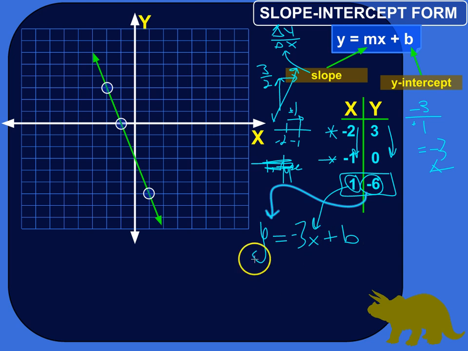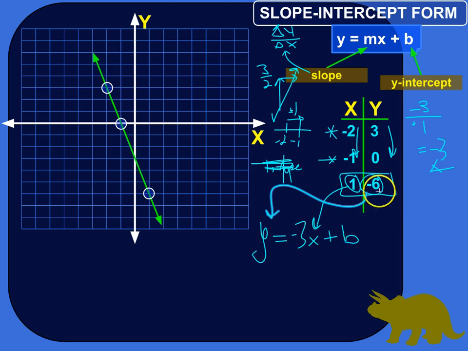The reason you can do this is the equation has to work for every point on the line, so the relationship will hold true for any of the pairs of numbers. If this point really is part of this linear relationship, I can plug the x and y into this equation, and the equation will be true.